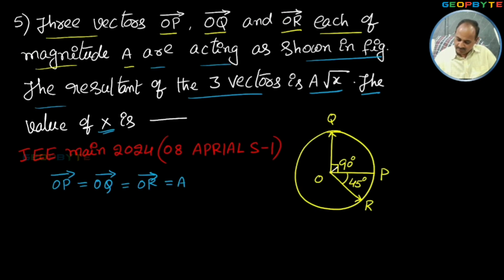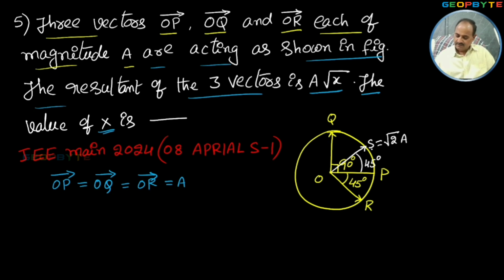So this is the resulting force S. That resultant force is equal to root 2A between the P and Q, and it is making an angle of 45 degrees.